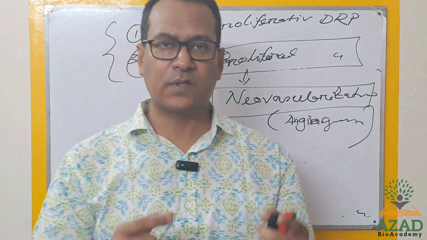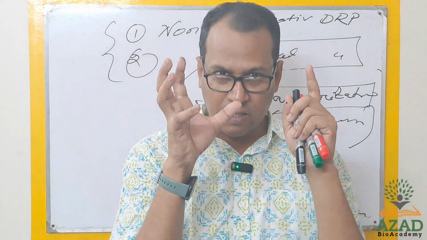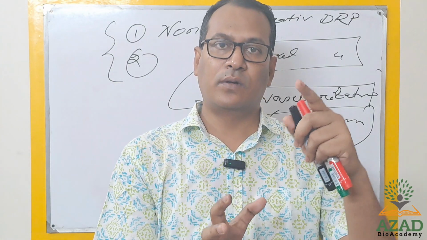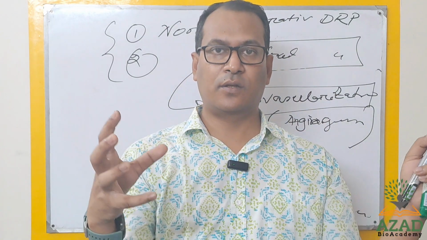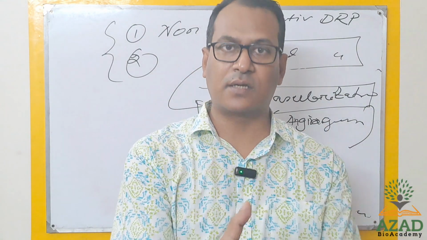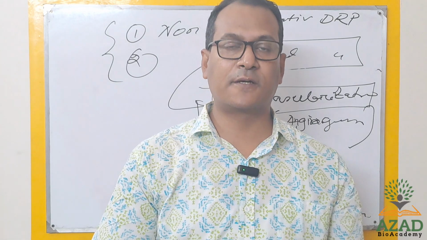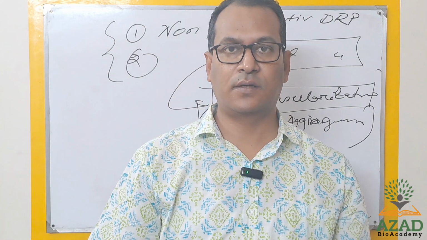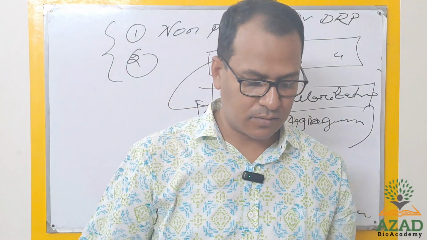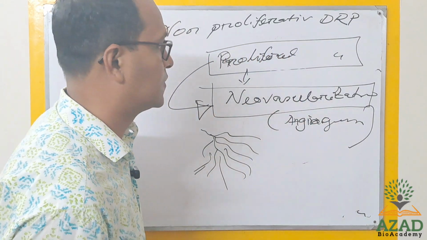So blood sugar will produce excessive sorbitol and AGE, and these two things are the basic culprits for causing diabetic retinopathy. Okay, so this is all about diabetic retinopathy. Thank you very much.